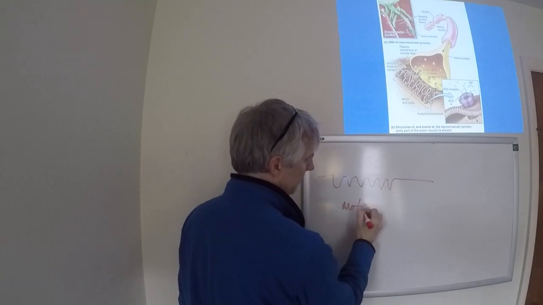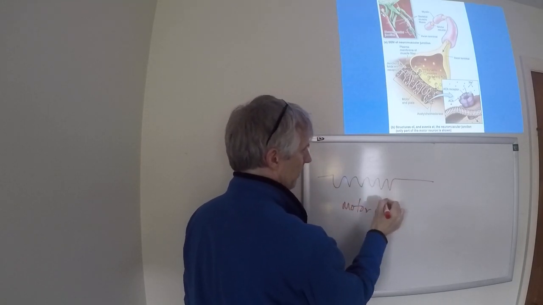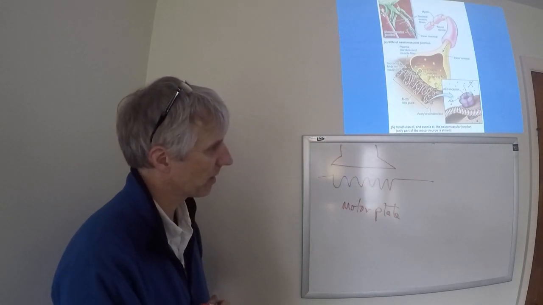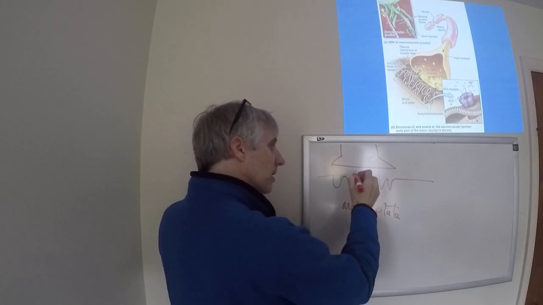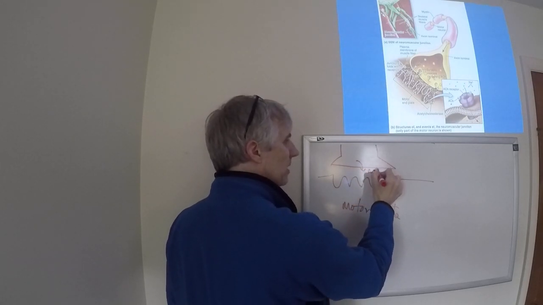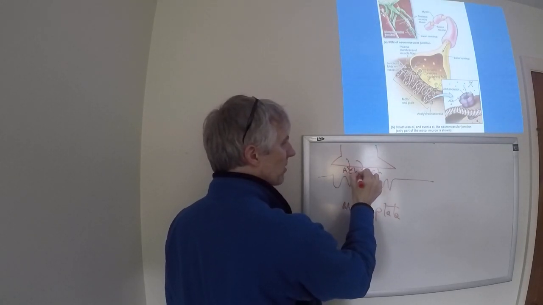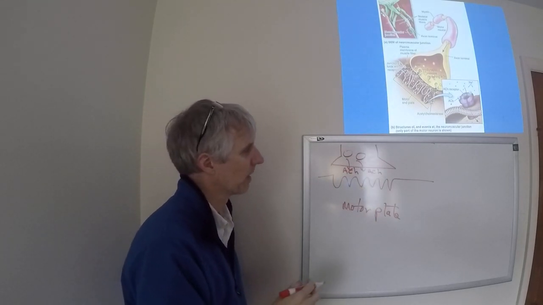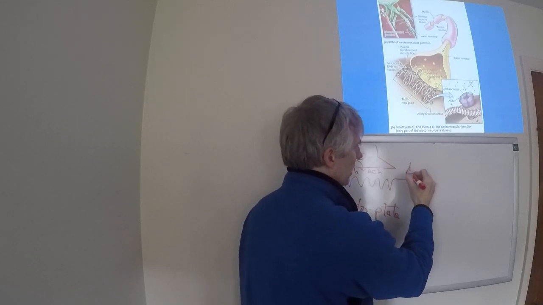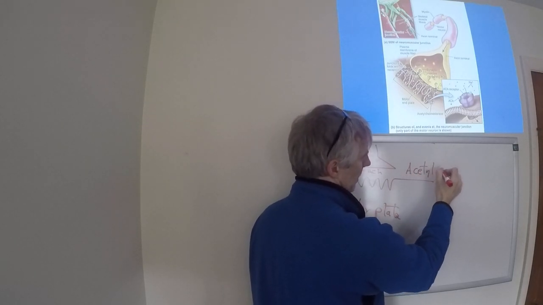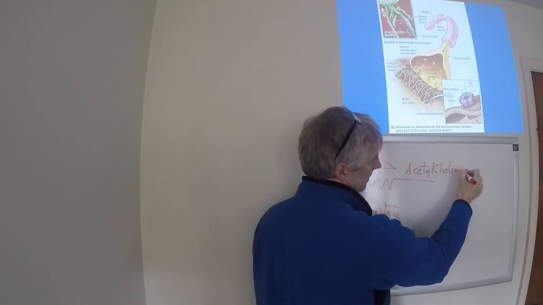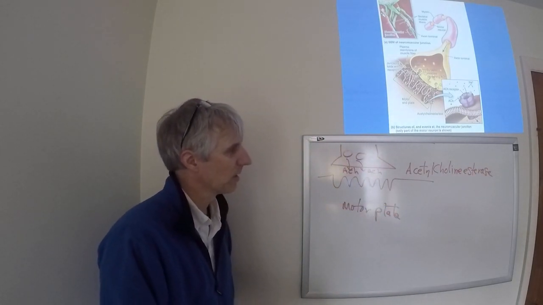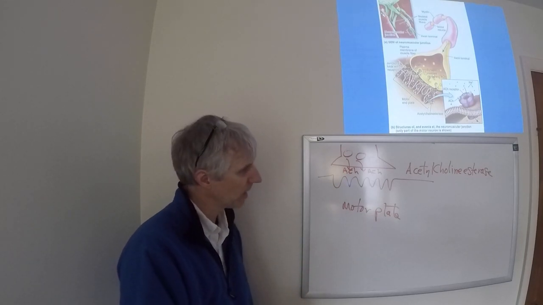That's the motor plate. Here would be the neuron with the synaptic terminal. The acetylcholine is released from vesicles right into that neuromuscular junction. Along with this is an enzyme called acetylcholinesterase, which gets released at the same time.